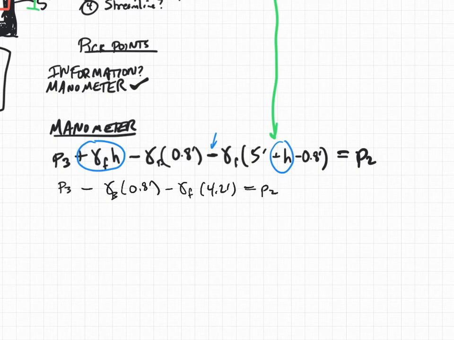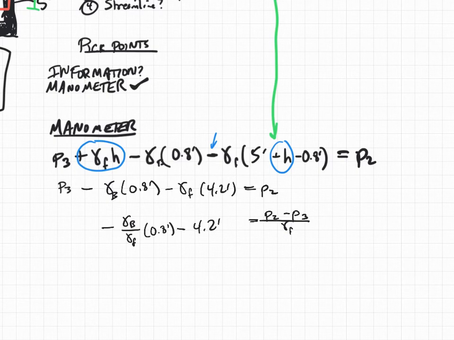And because I know I'm probably going to plug this into the other equation, I'm going to write this as P2 minus P3. I'm going to divide everything by gamma F, equals negative gamma B over gamma F times 0.8 feet minus 4.2 feet.